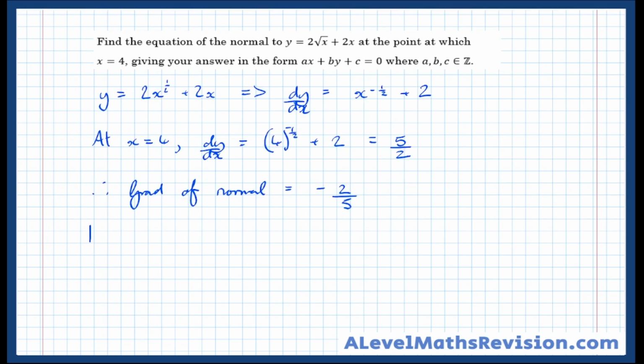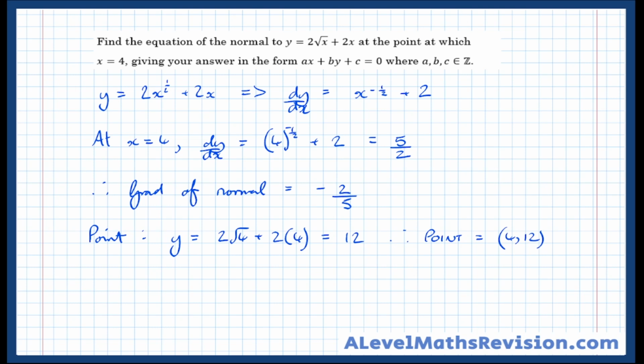The point: well, y equals 2 root 4 plus 2 lots of 4 equals, well, 2 times 2 is 4 plus 8 is 12. Therefore the point is (4, 12).